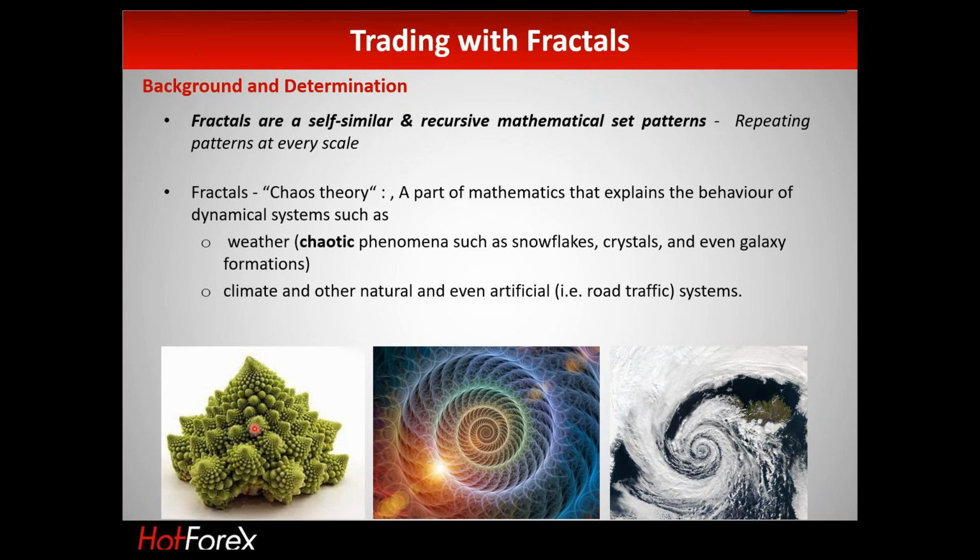Every single part of its shape has the same shape as the whole geometrical shape. So an object is a fractal if the same pattern occurs again and again at every single size. Okay, so it's a repeating pattern.